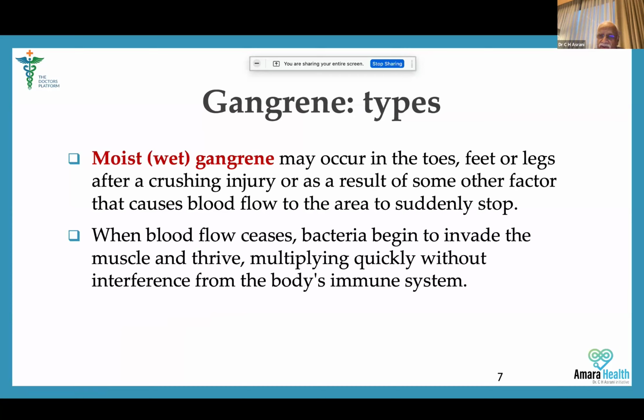When blood flow stops, bacteria begin to invade the tissue because blood carries lymphocytes and other immune substances that help the tissue fight infection. These bacteria invade and then they multiply very fast without any interference from the body's immune system because the blood is not there, there is no immunity.